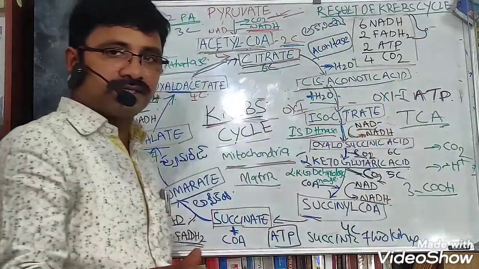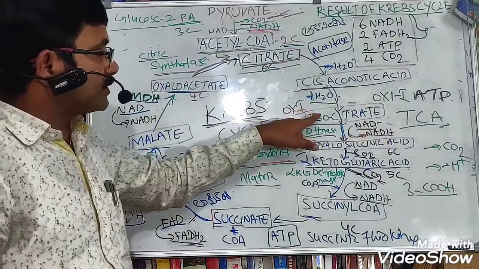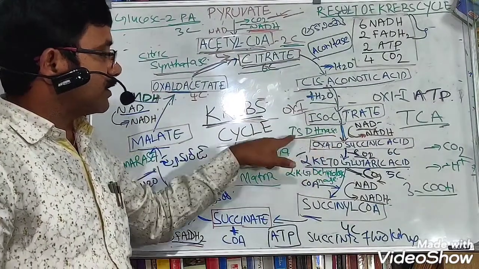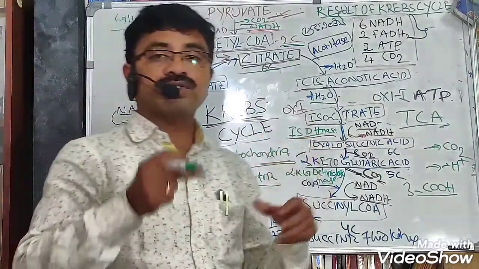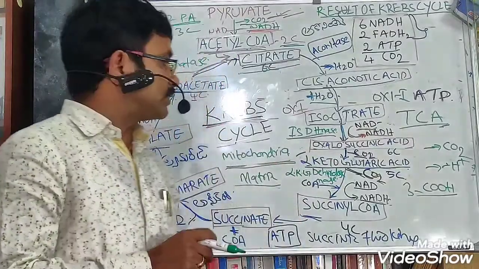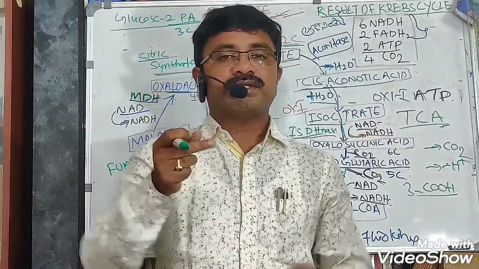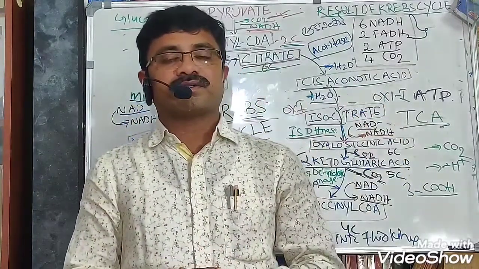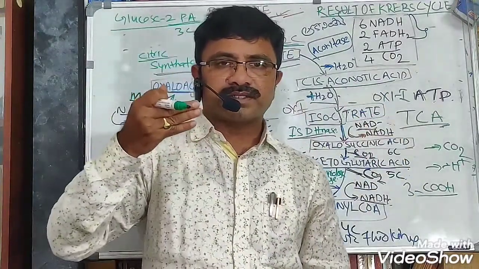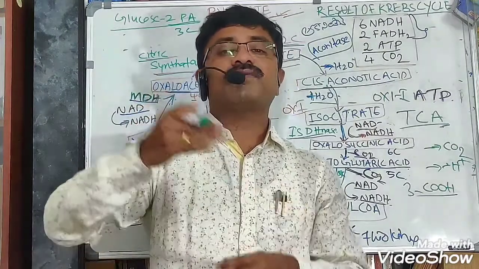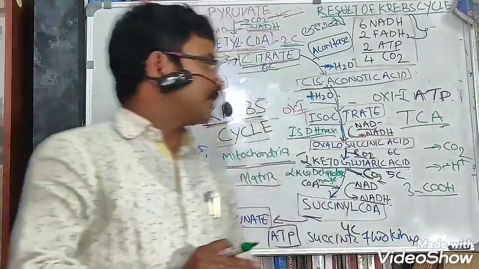The first oxidation reaction is that the isocitric acid undergoes oxidation in the presence of isocitric dehydrogenase enzyme. I already told you respiration is an oxidative reaction. All the oxidation reactions of respiration are removal of hydrogens, only removal of hydrogens.